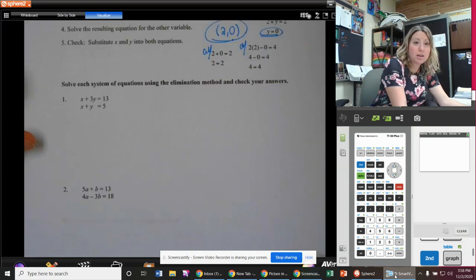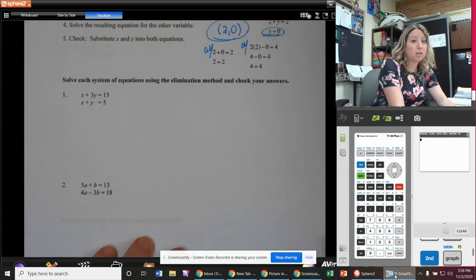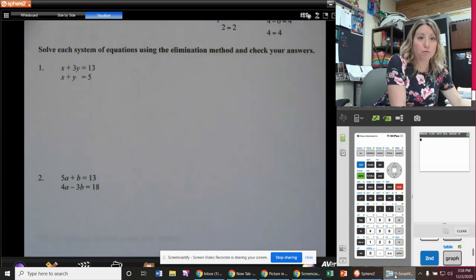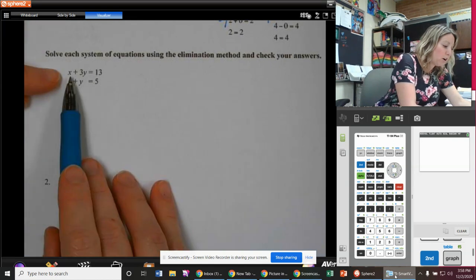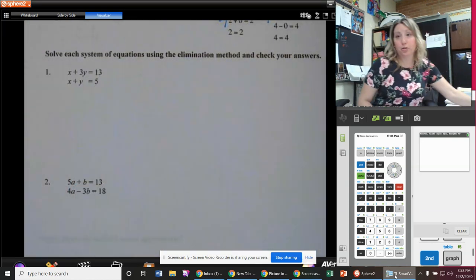So we'll start with making sure that our variables are all lined up, that our equal signs are all lined up, that our numbers are all lined up vertically, so one over the other. And if we look, we definitely have that to be the case. Okay, so that's the first step.